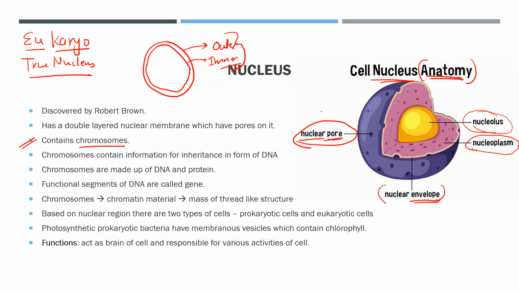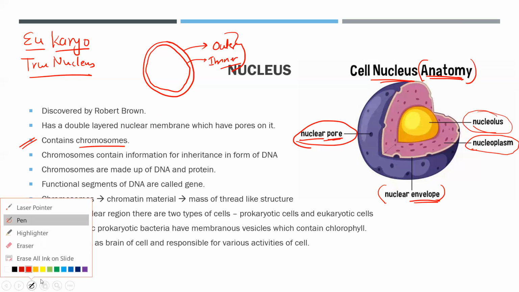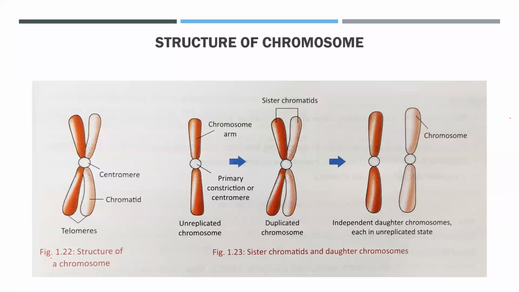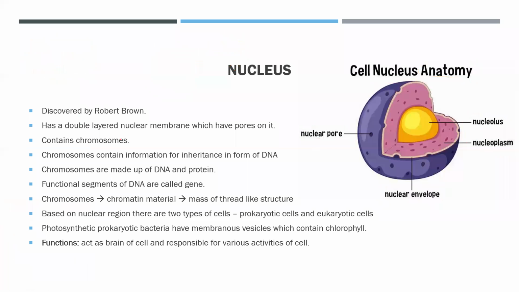Okay, beta. Now we just came to know that the nucleus is having chromosomes, right? So what are these chromosomes? Chromosomes are structures like this. Let's understand this. Chromosomes basically contain information for inheritance in the form of DNA.